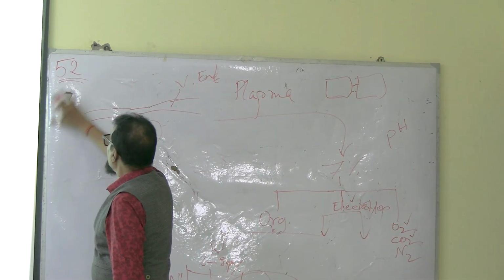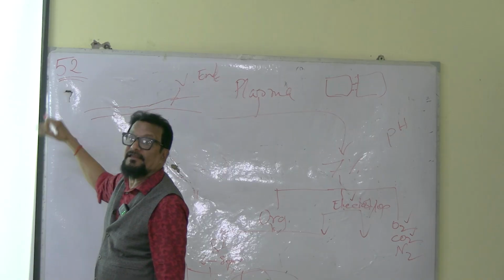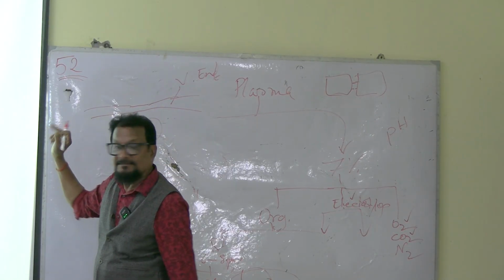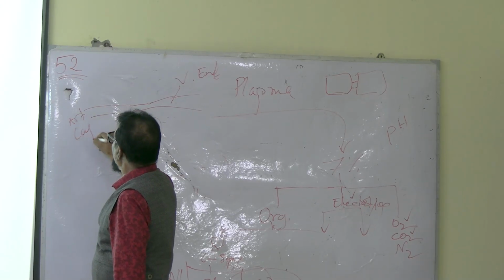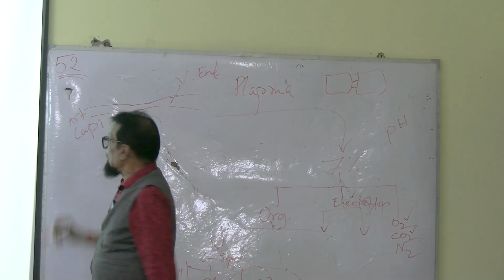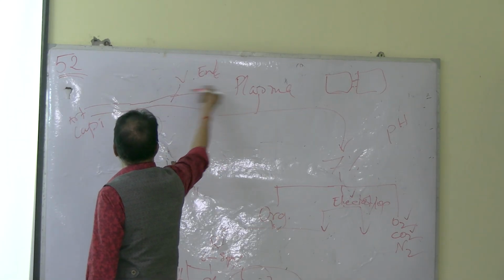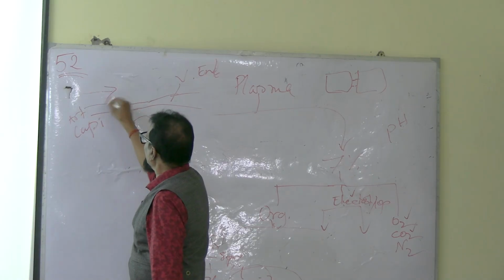The arteries and arterioles will branch into various capillaries, and each capillary will be supplying the cells. So this is the arterial end of the capillary. Blood flow will be from this side to that side.